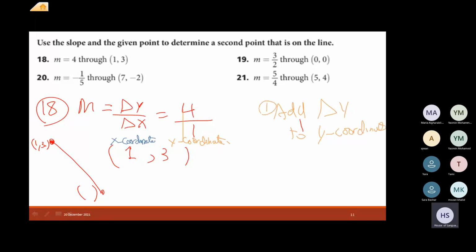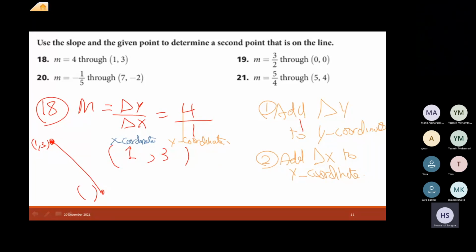This is the first step. The second one, I will add the delta x to the x coordinate. These are the rules. Now, where is the y coordinate here? Is it 1 or 3? 3. So we say that the 3 is the y coordinate.